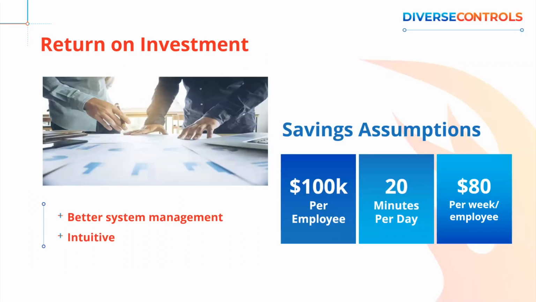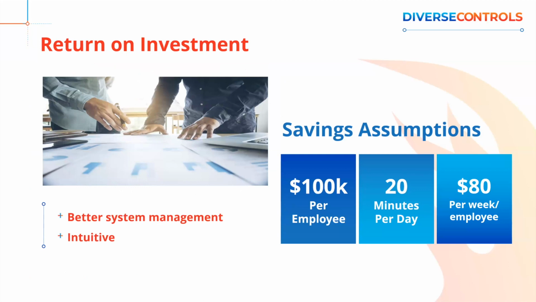So for return on investment, we just threw together some simple math. Obviously, put in your own numbers for your own site. But let's say somebody makes 100K per year in facilities, and they save 20 minutes a day by using Scout to find their way through systems and make changes as needed to keep everybody happy, all of your customers or your employees or whatever kind of building you serve.